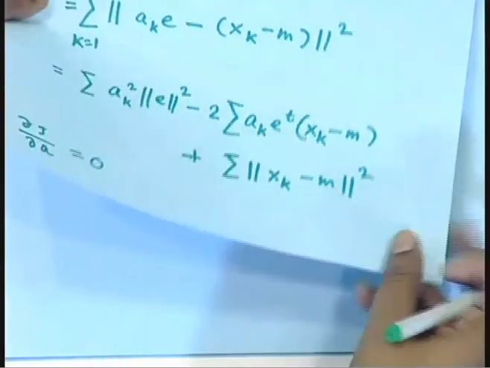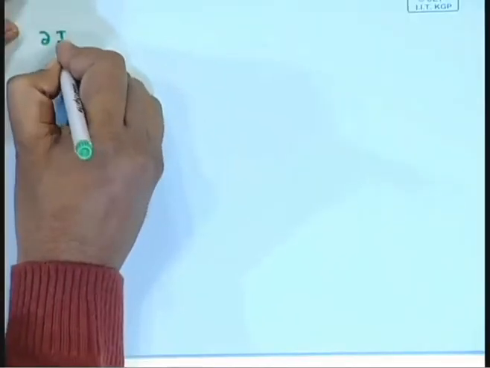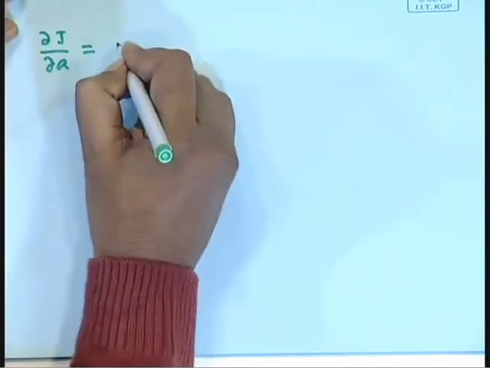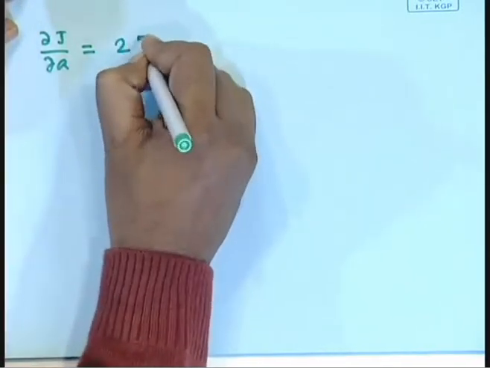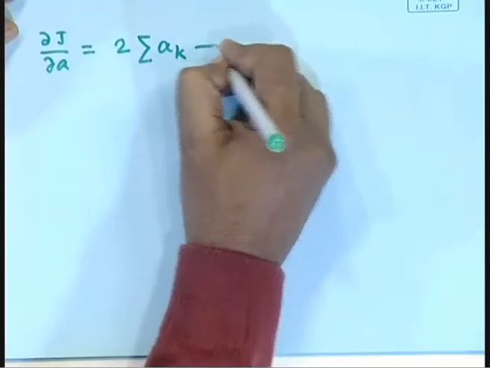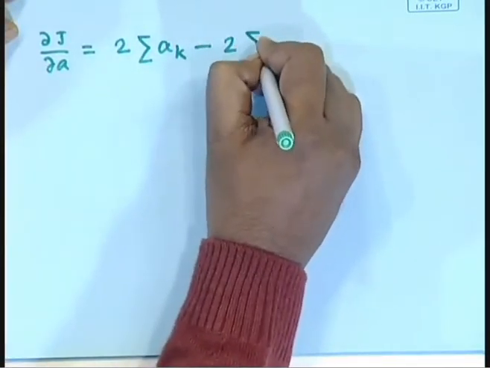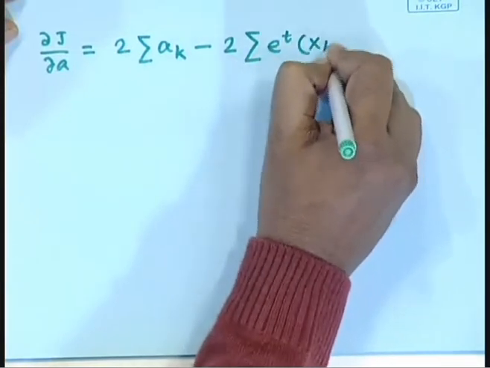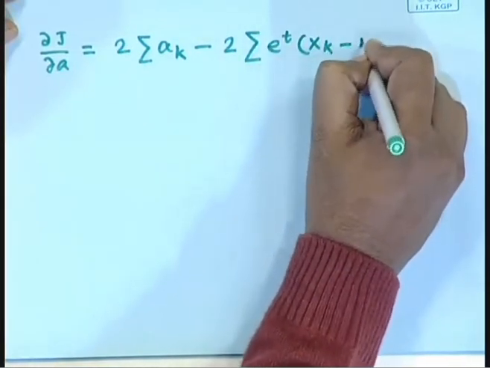So, when I take the differentiation of this with respect to a, what I get is, effectively, del J by del a is nothing but 2 into summation of a k minus 2 E transpose x k minus m.